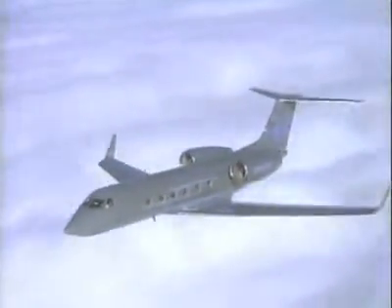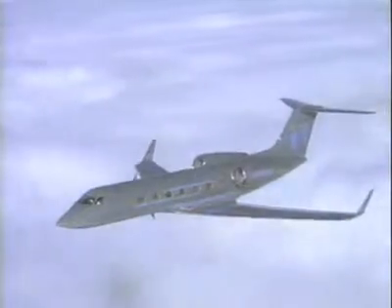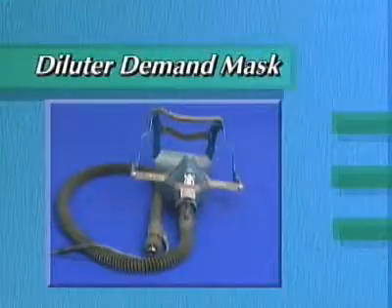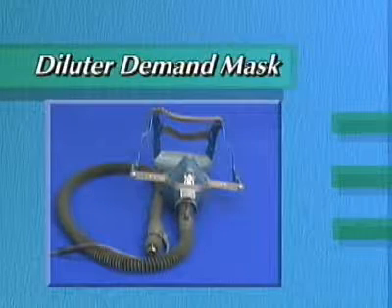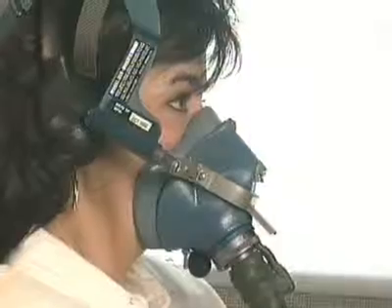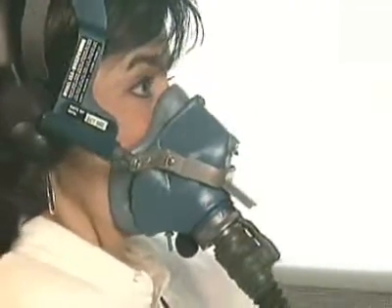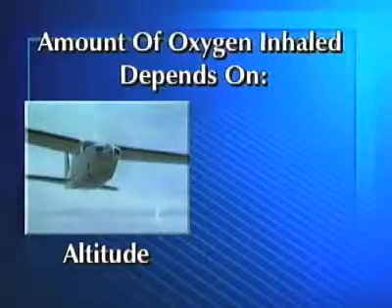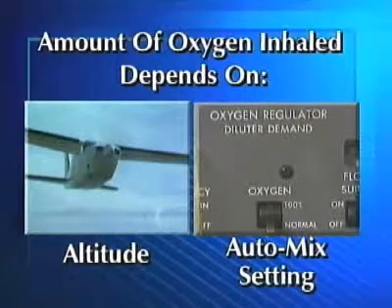With increased aircraft technology and altitude ceilings, two additional masks were developed. The diluter demand mask is designed to facilitate an air and oxygen-tight seal to the face. The amount of oxygen inhaled through the mask is dependent upon the altitude and the setting of the auto mix lever.